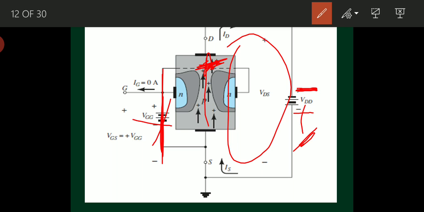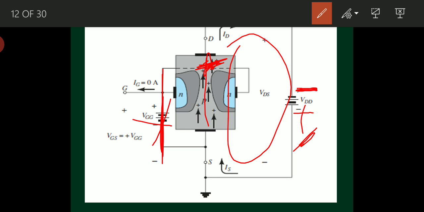So if holes move from source to drain, current direction is also from source to drain. If electrons move from source to drain, then current direction is from drain to source.